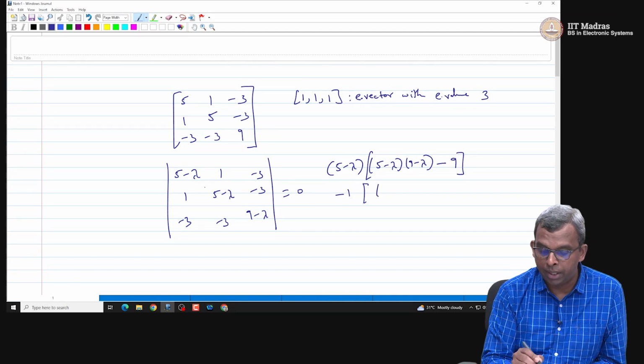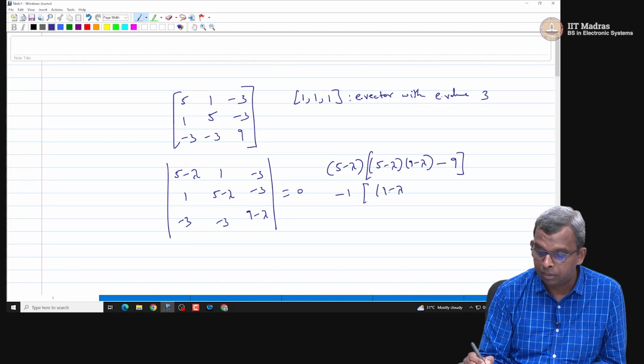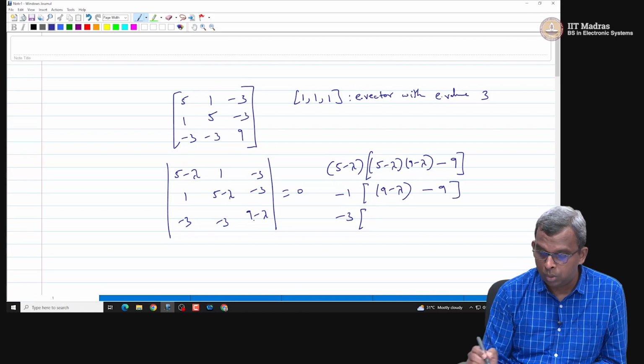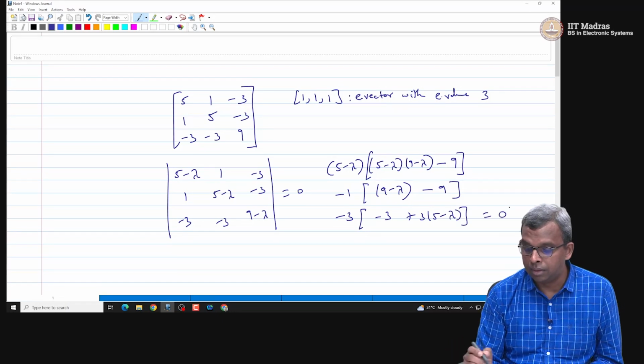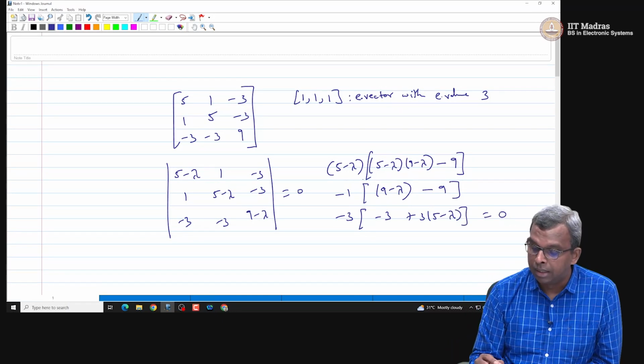So minus 1 into 9 minus lambda. This also is minus 9, right? Minus 3 into minus 3 plus 3 into 5 minus lambda. So this is the equation that you get here, and let's just write it down.